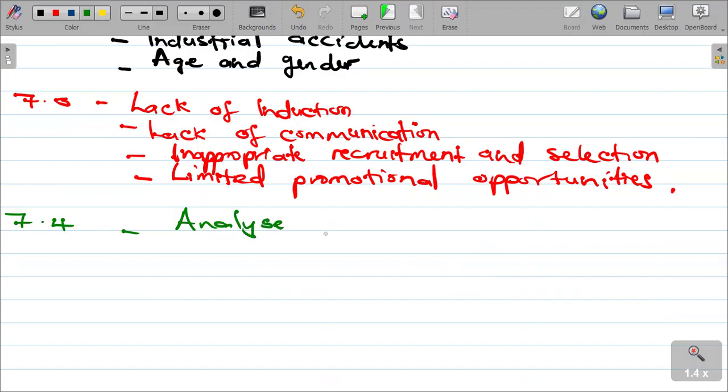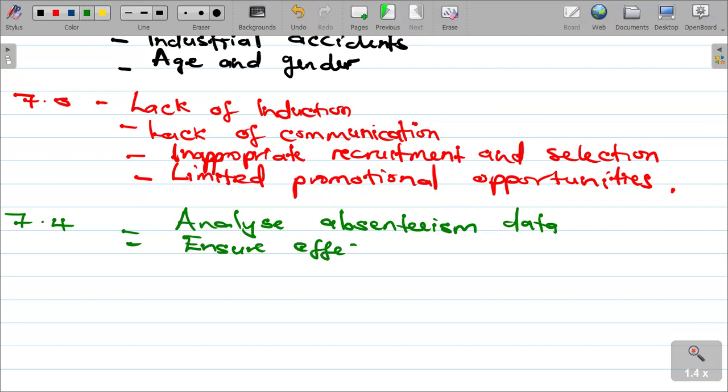Two, they should also ensure effective supervision.